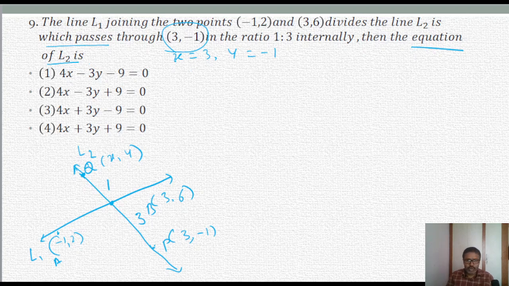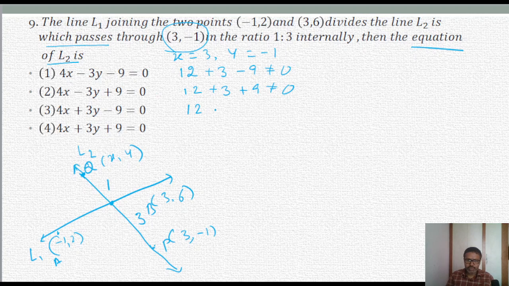So put x is equal to 3, you will get 12, minus into minus plus 3, minus 9, which is not equal to 0. So this is not our line L2. Here 12 plus 3, you will get plus 9. It is also not equal to 0. And here it is 12 minus 3, because y is minus 1.